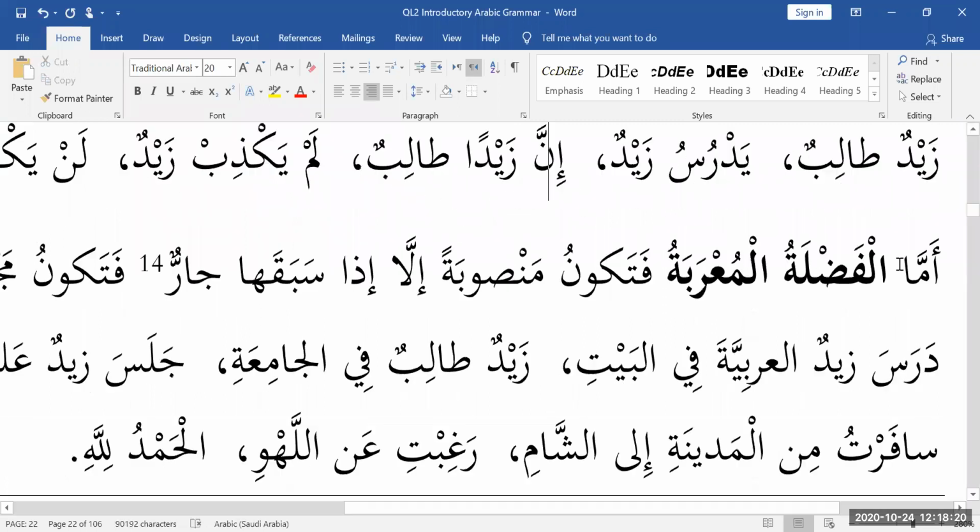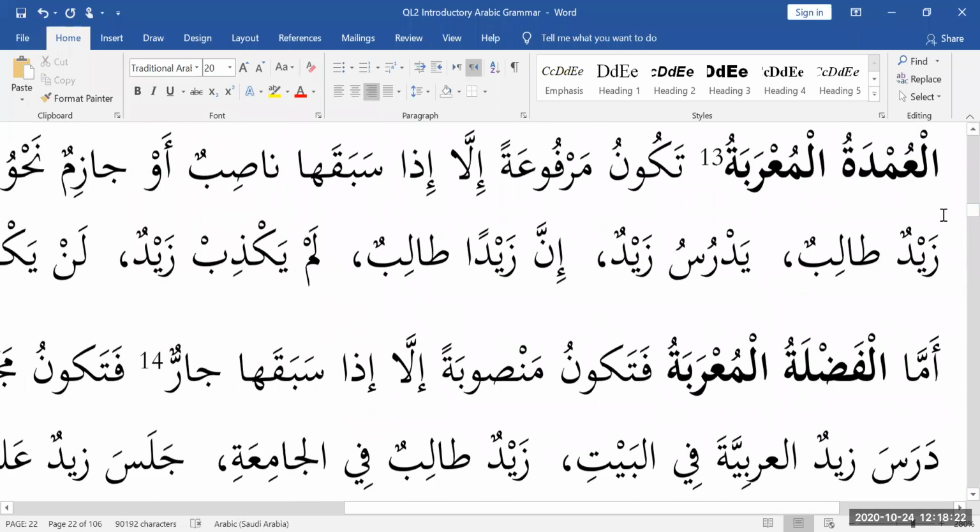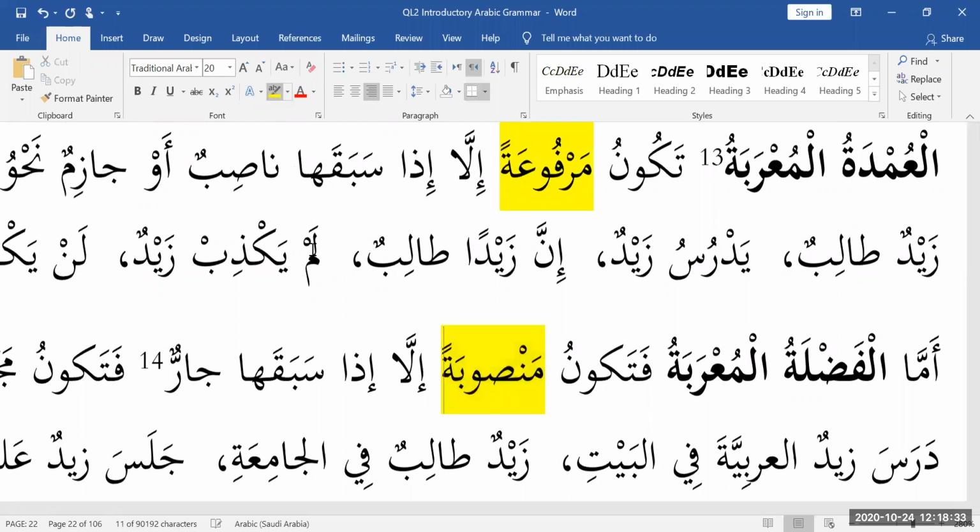So compare this to this. Here it says marfu'a. The al-umdatul mu'raba takunu marfu'a. The inflected pillar is marfu'. But the inflected non-pillar is mansuba, meaning that it's a different state. Okay, this is an important part of the theory. If you get this, everything else in the Arabic grammar will make more sense. If you don't get this, you will have some challenges.